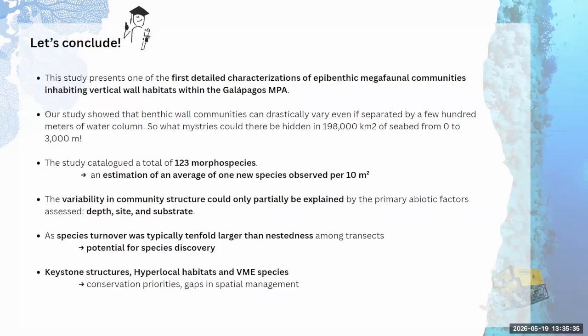So everything here highlights that the vertical wall ecosystems within this Galapagos archipelago are a vital component in the complex deep sea biodiversity. And it is also imperative to conserve these ecosystems before climate change can move through the vertical axis and change these communities.